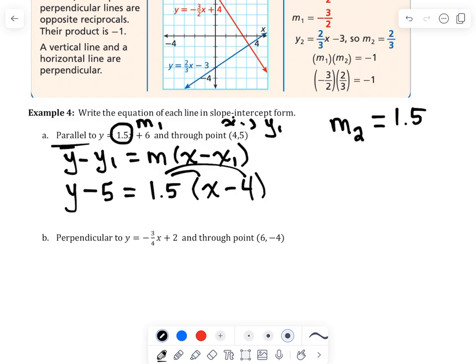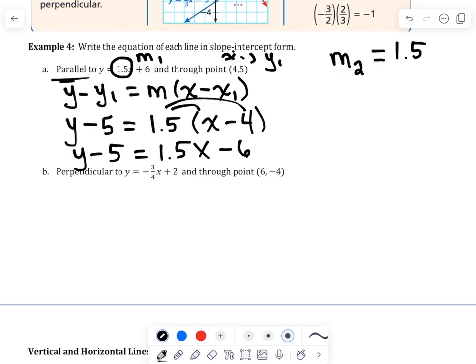So we multiply. So y minus 5 stays as it is. 1.5 times x is 1.5x. And then 1.5 times negative 4 is negative 6. So I'm going to head over there. Now I'm going to need to go ahead and add 5 to both sides, so I can move that negative 5 to the right.